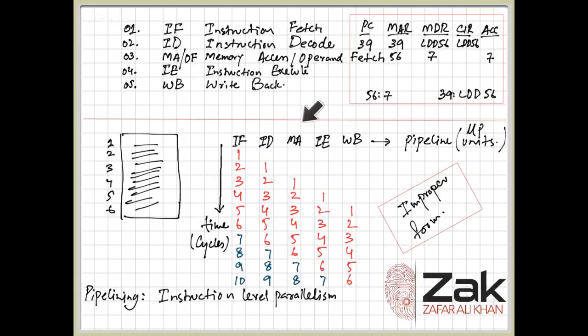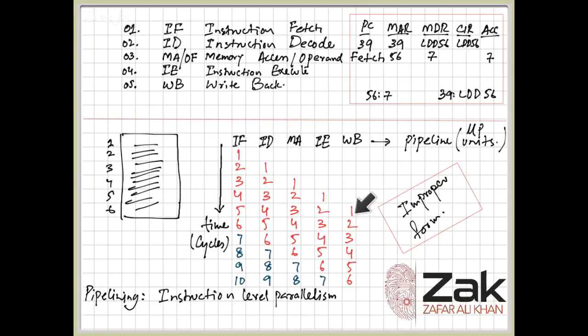Now these are 5 parts. Instruction fetched, instruction decoded, memory accessed, instruction executed, and write back. So let's say there are 6 instructions, and we have a pipeline like this. Instruction fetched.